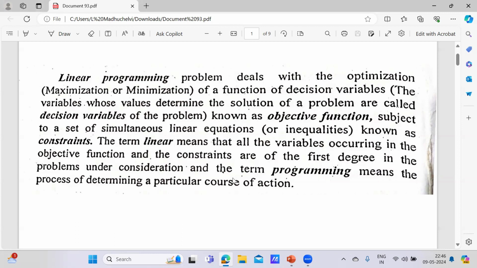The term linear means that all the variables occurring in the objective function and the constraints are of the first degree in the problems under consideration, and the term programming means the process of determining a particular course of action.